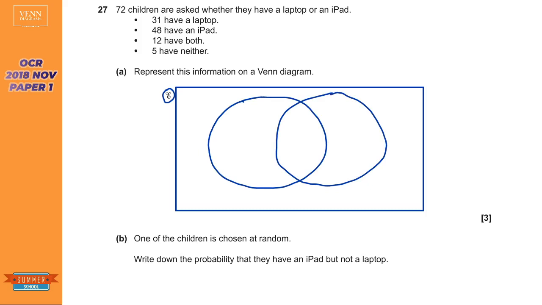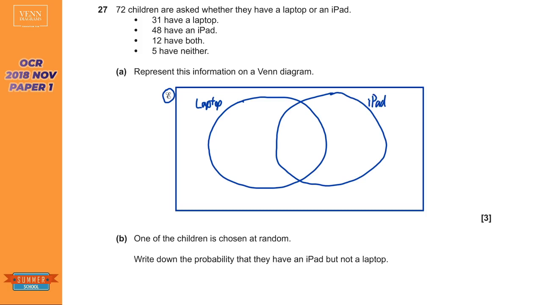A lot of students use a compass for Venn diagrams, which is probably a good idea, but it will break my little tablet here if I push a compass on it. Okay, so we need to label them. I'm going to have laptop on the left and iPad on the right. And it says 31 people have a laptop.